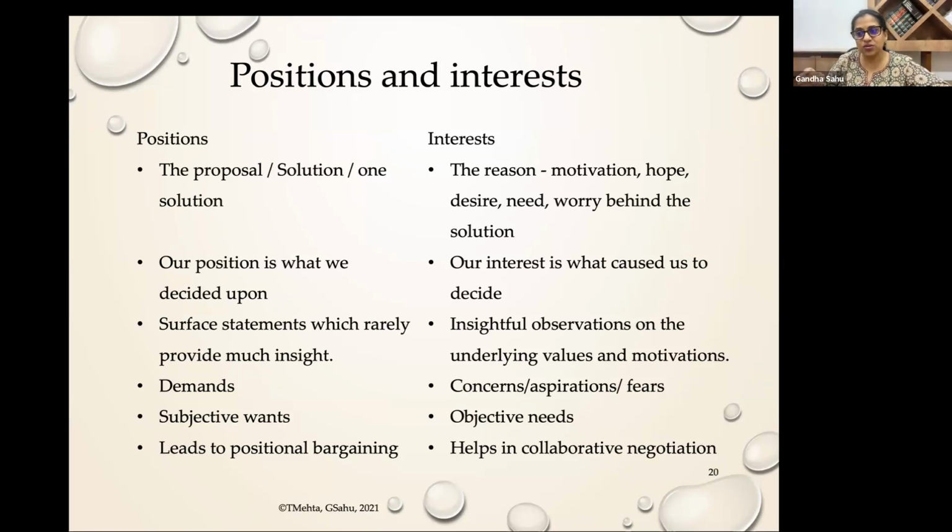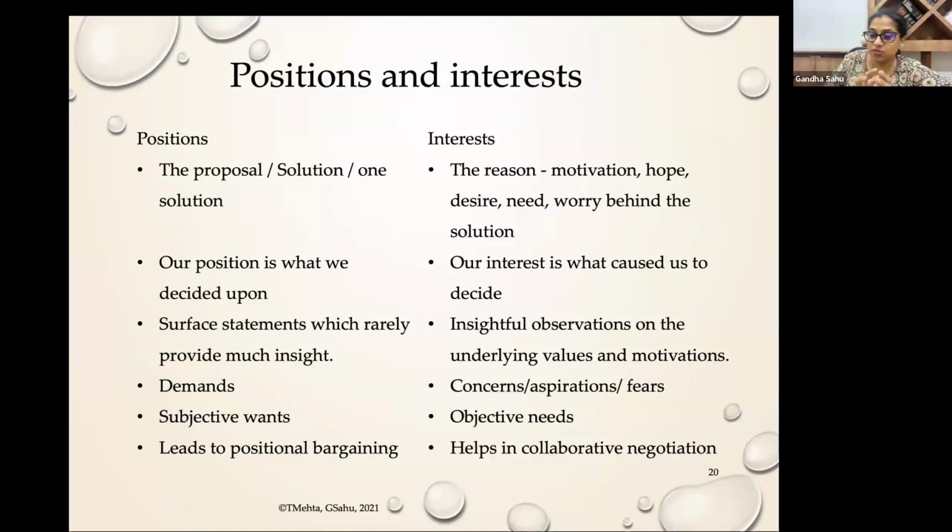But when you get into the interest, you realize this is more about emotion, and for all four of them, the importance of the relationship, they wanted to continue being connected to each other, enjoy the bonds that were there between them. When you tap onto that interest, then you can find solutions. They can find their own solutions with that understanding. Till you stick to the point that we have four properties and four properties have been divided equally, there is a problem. There is anger, there is dissatisfaction, displeasure, and it keeps growing.